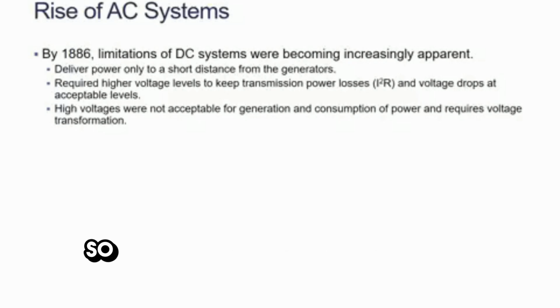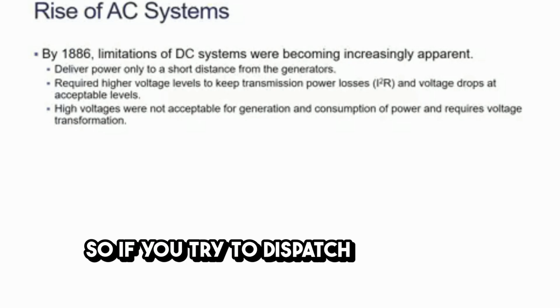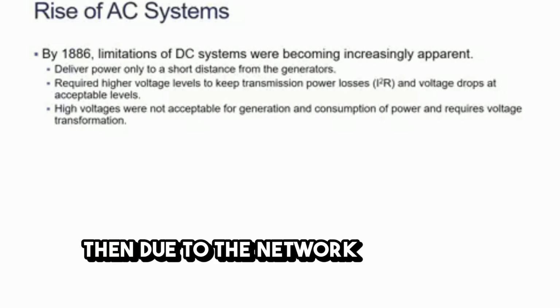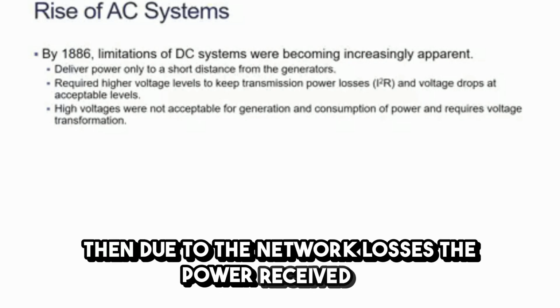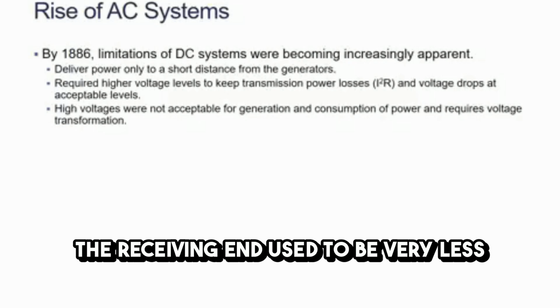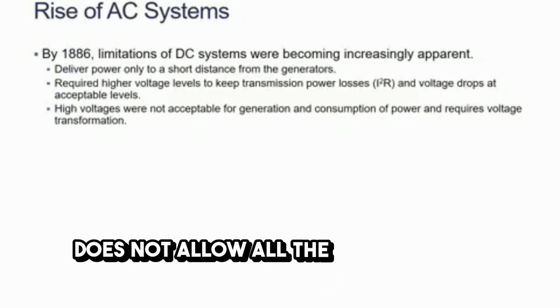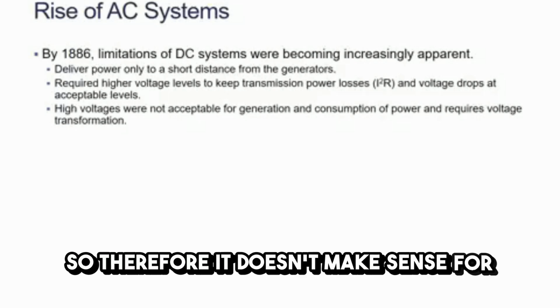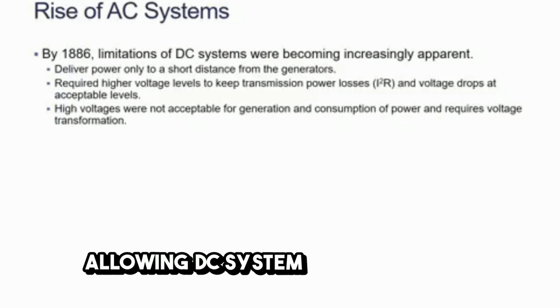If you try to dispatch power over longer distances, then due to network losses the power received at the receiving end used to be very less, which does not allow all the appliances to work.